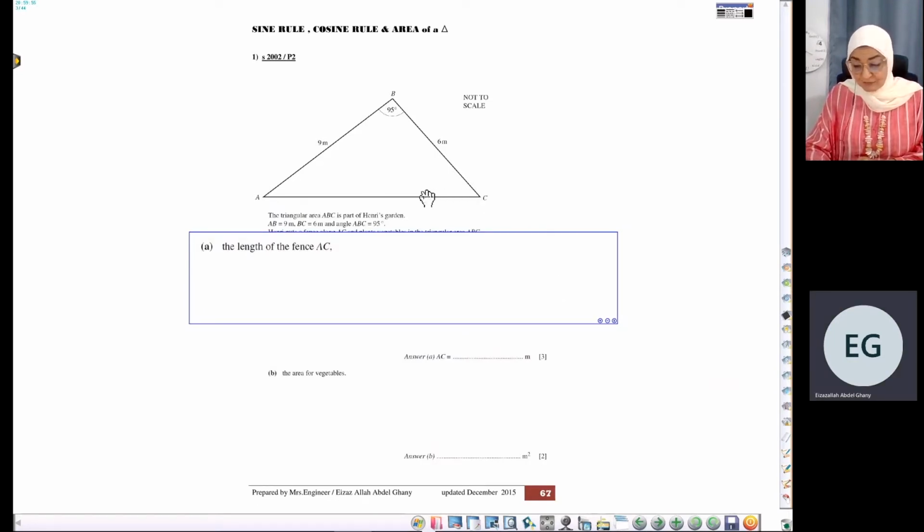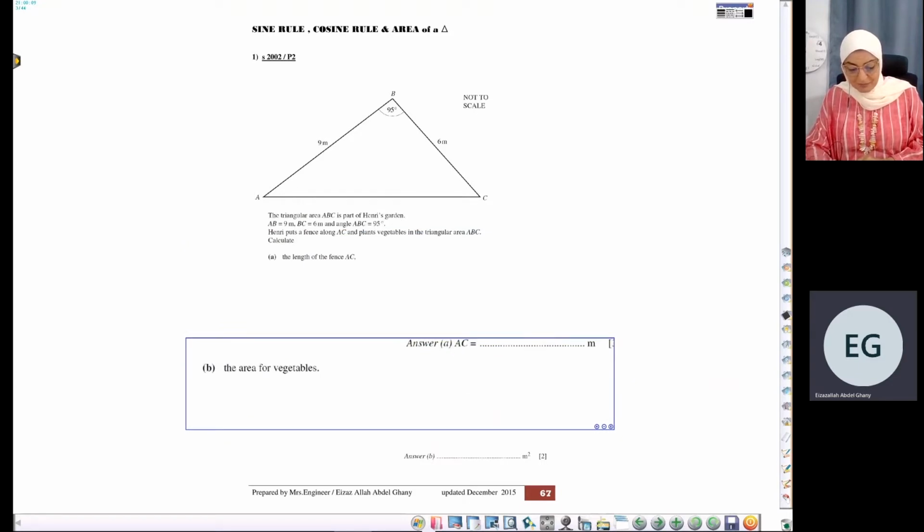When he gives you 2 sides and included angle, you have to use cosine rule to find this side length. And then for the same givens, he will ask you in part B, find the area of the vegetables using half side times side times sine, the included angle.